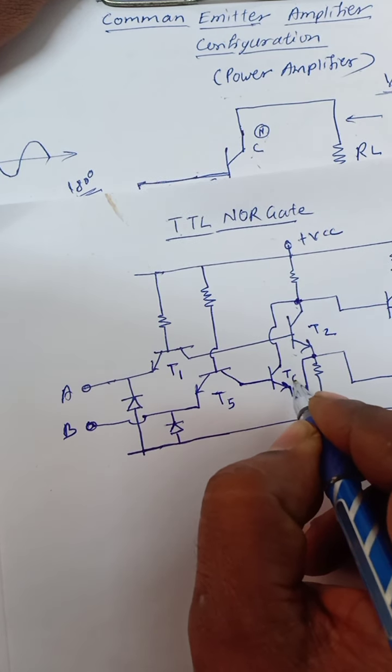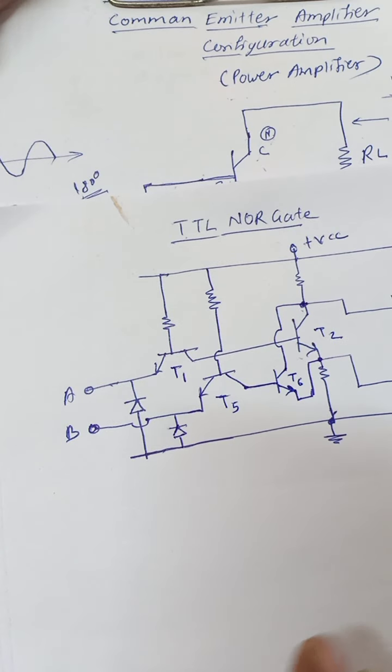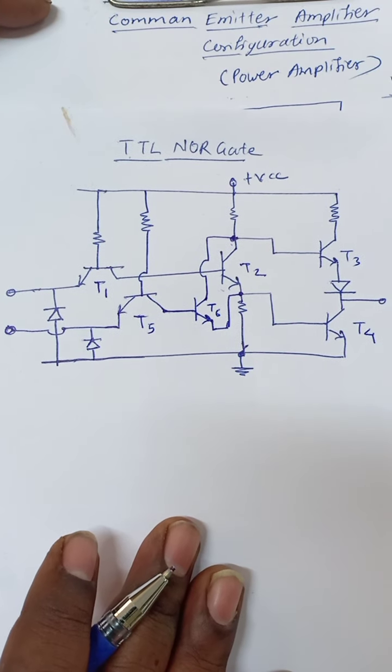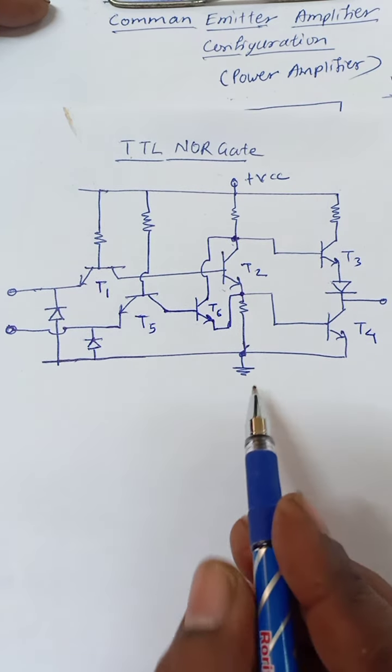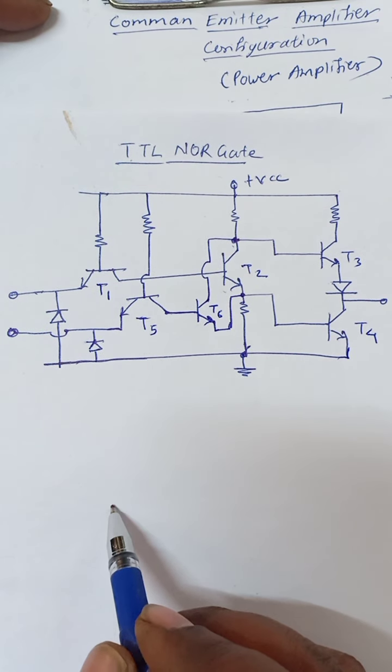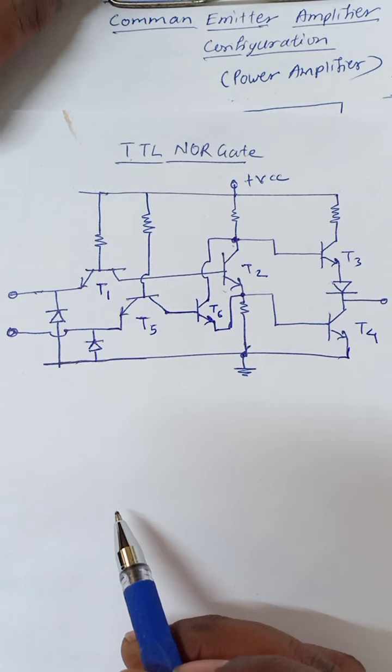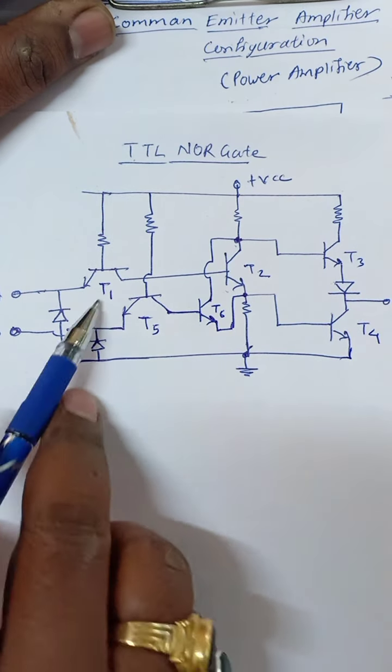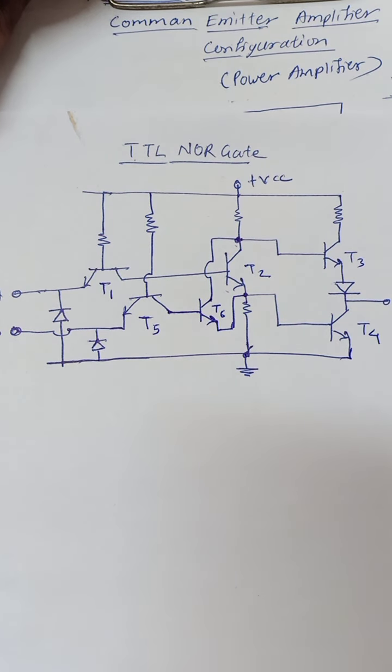I am naming these transistors similar to the textbook so that there is no problem or conflict after understanding this diagram, so that's why I am using the same numbers.